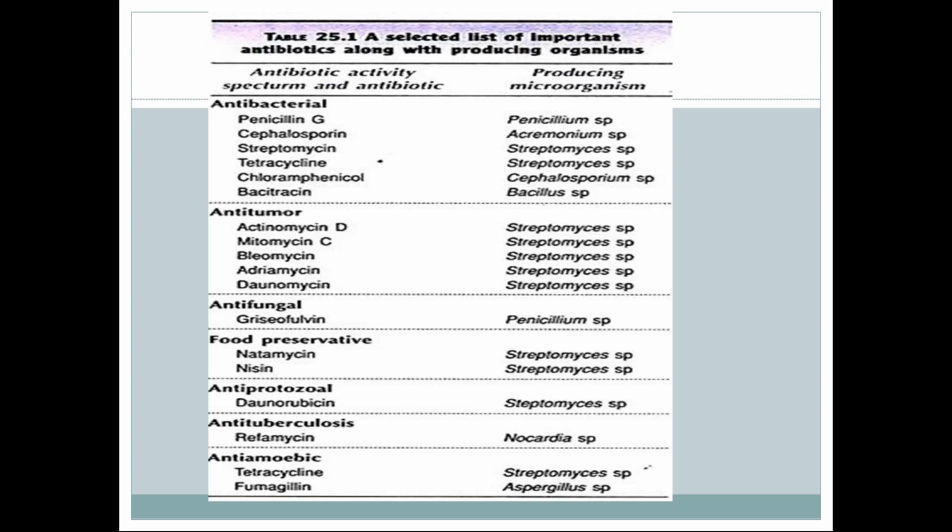Food preservatives: natamycin, Streptomyces species, and nisin also by Streptomyces species. Antiprotozoal: Streptomyces species. Antituberculosis: rifamycin, produced by Nocardia species. Antiamoebic: tetracycline, Streptomyces species, and fumagillin, Aspergillus species.